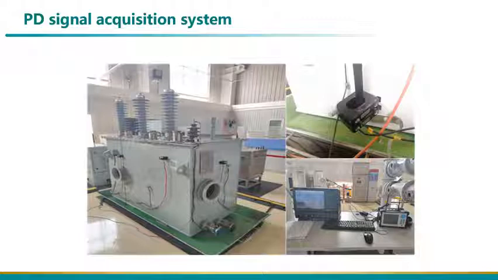The high-frequency partial discharge sensor adopts TWHCT 7850 with the 3 MHz to 30 MHz frequency band, and the oscilloscope is RNS-RTO 2044.